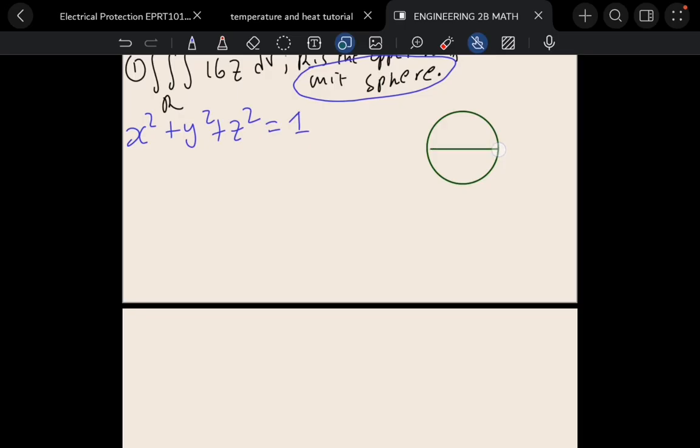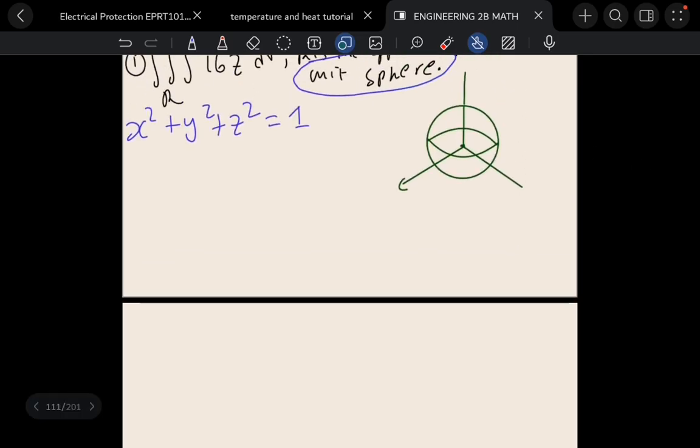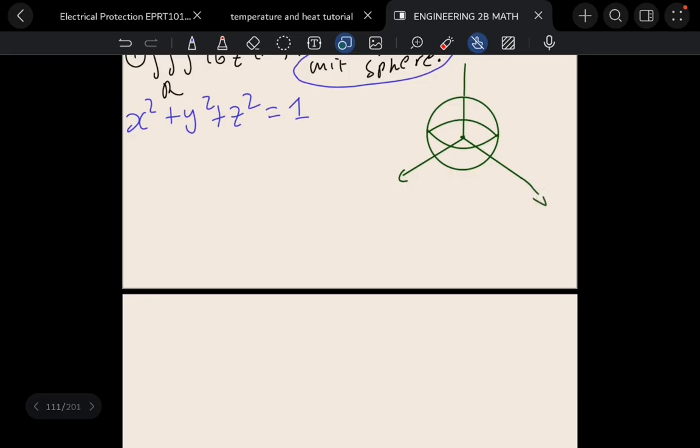So if you have something that is a sphere, by the way, this is x, y, and z.